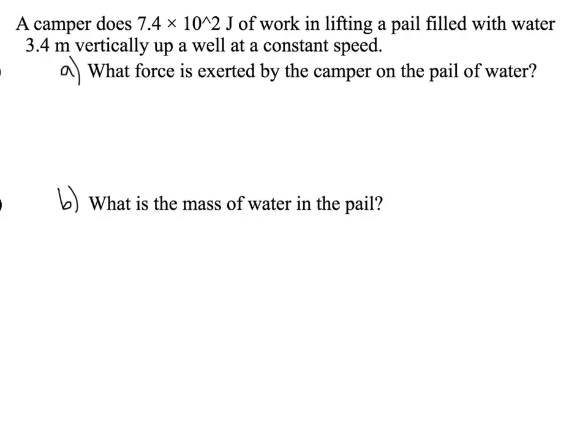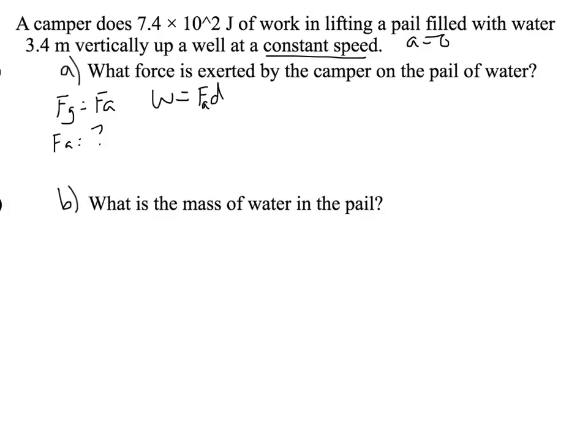Okay, like one of the previous questions, in this case we are constant speed, therefore a equals 0. So we can say that Fg must be exactly equal to the F applied to lift the pail of water up. So in this question, we are looking for F applied. Same equation, W equals Fd.